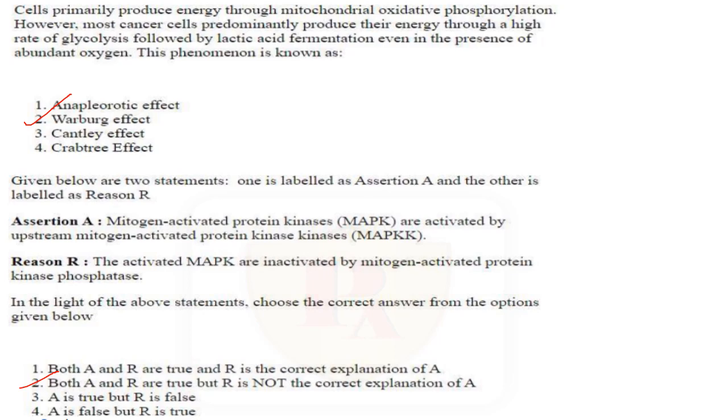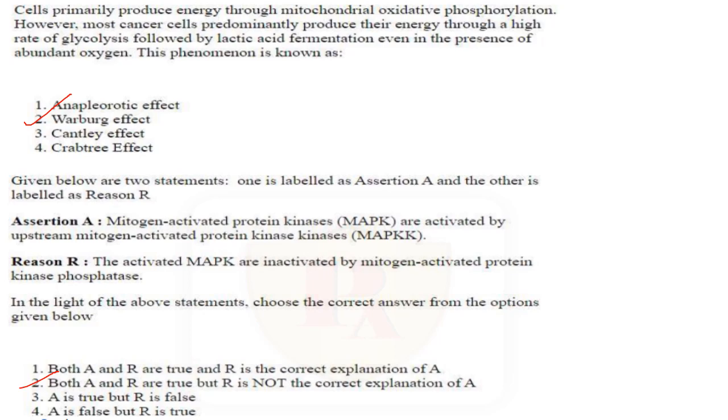Then next question. Given below are two statements. One is labeled as assertion A and the other is labeled as reason R. Mitogen activated protein kinases MAPK are activated by upstream mitogen activated protein kinases MAPKK. That's correct.